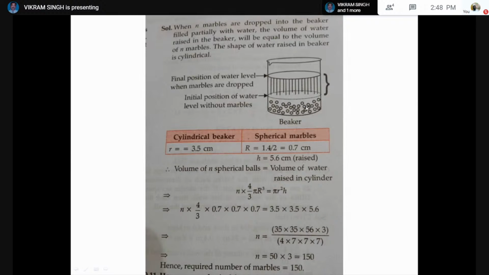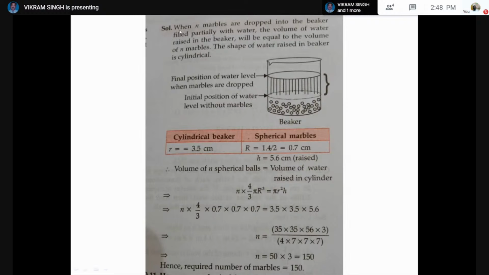So we have to calculate the volume of the water raised by this cause. Automatically this volume will be the volume of all the marbles. So we will see after that how many marbles there are.